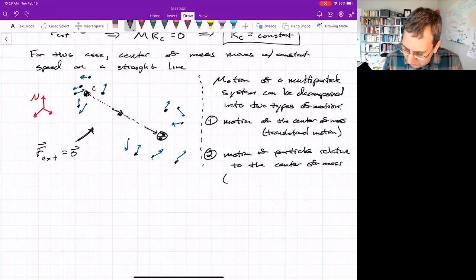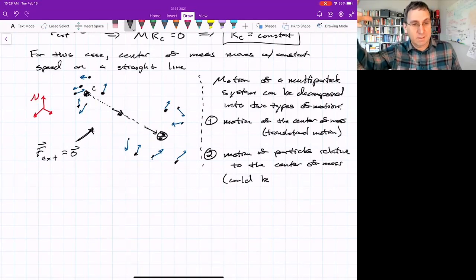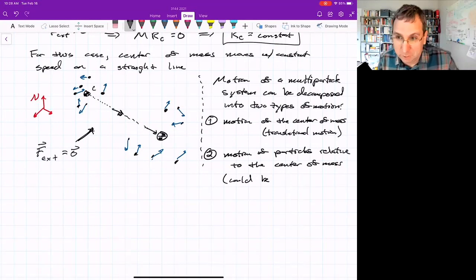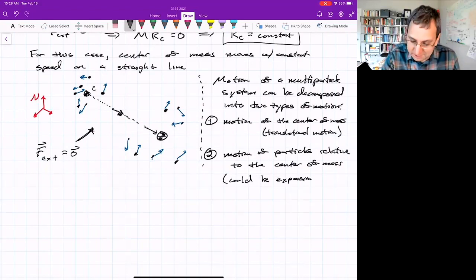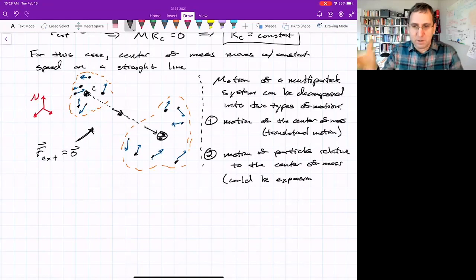And it could be that the particles are spreading out. So there could be some expansion. Think of what the initial cloud of particles was. Maybe this part of the cloud of particles, if we want to call it that, is spreading out. Could be expansion. Maybe they could be swirling.